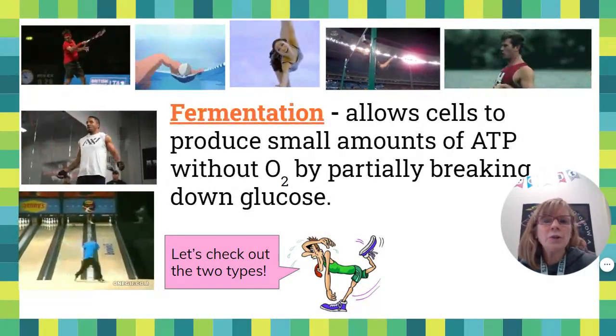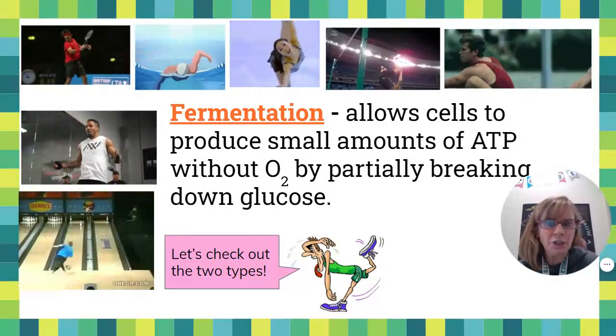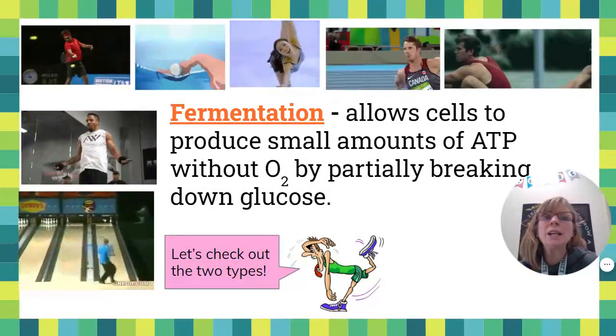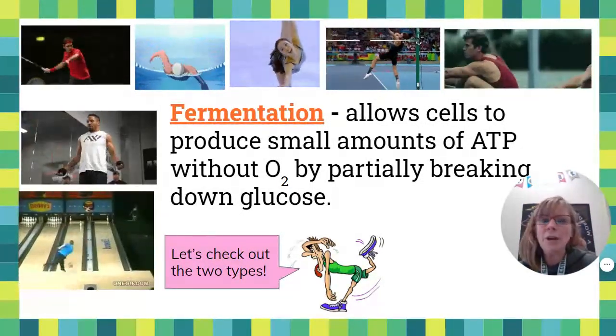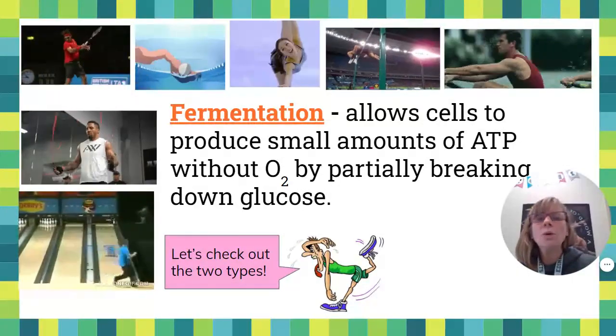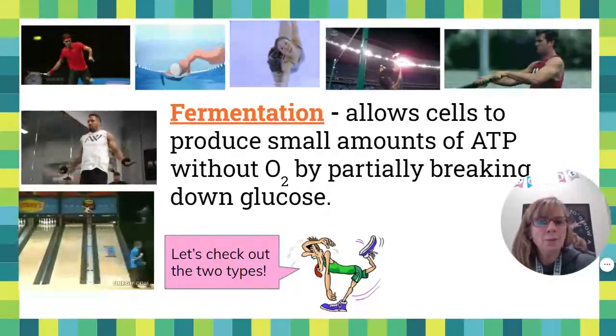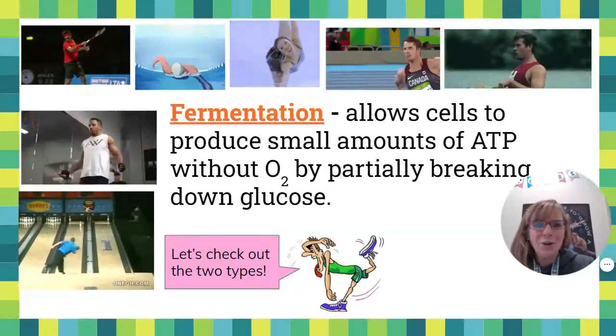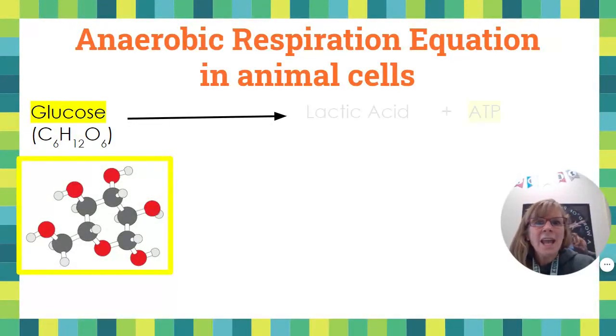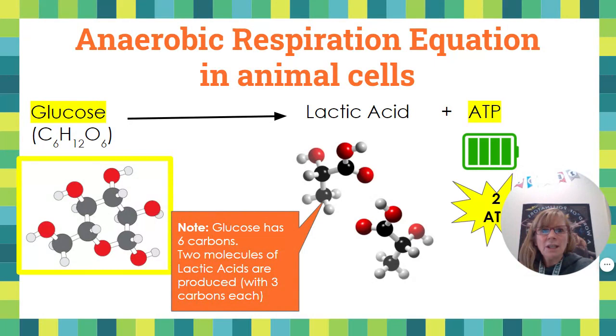So let's look at those two types. We call that fermentation. It allows cells to produce that small amount of ATP without oxygen because glucose is only being broken down partially. There are two types of fermentation that we're going to go over. The first one is in animal cells, and it's called lactic acid fermentation.